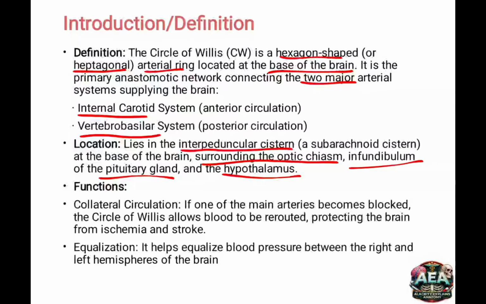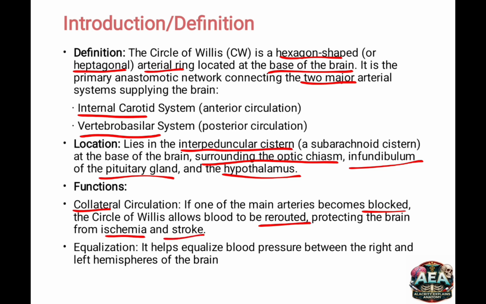What is the function of this circle? It provides collateral circulation. If one of the main arteries is blocked, the Circle of Willis allows blood to be rerouted, protecting the brain from ischemia and stroke.